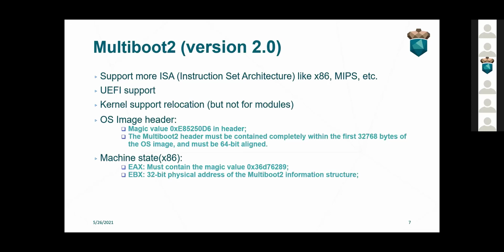It has a multiboot 2 magic value in its header, and the header must be contained within the first 32K bytes of the OS image, and must be 64-bit aligned. It's possible that the image can have both headers, which means it could support both multiboot 1 and multiboot 2.